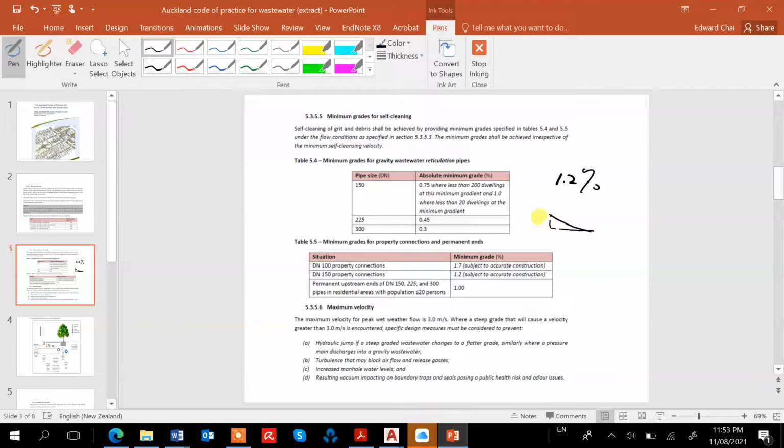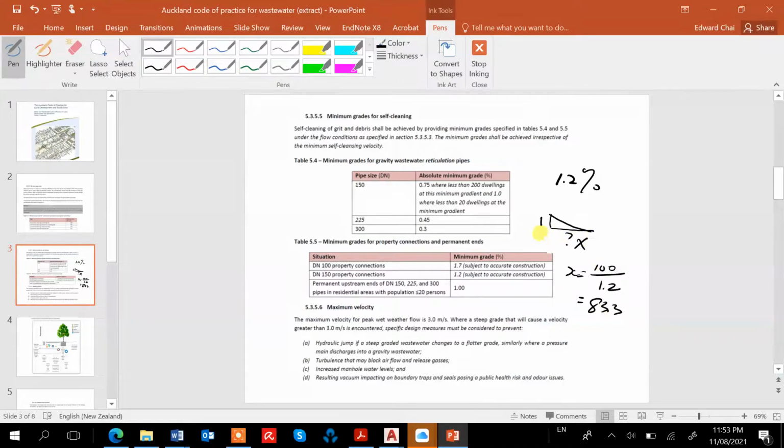1.2%. So if this is 1, what is the horizontal? Actually, let's say x will be equal to 100 divided by 1.2, which should give us about 83.3.